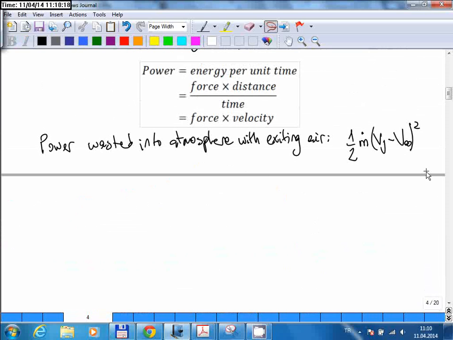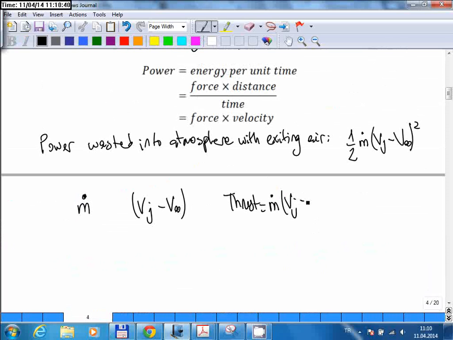Okay, now let me just summarize what we have found so far. For thrust, we require m dot. We also need the speed difference, Vj minus V infinity. Then thrust is the multiplication of the two, and that times Vj times V infinity.